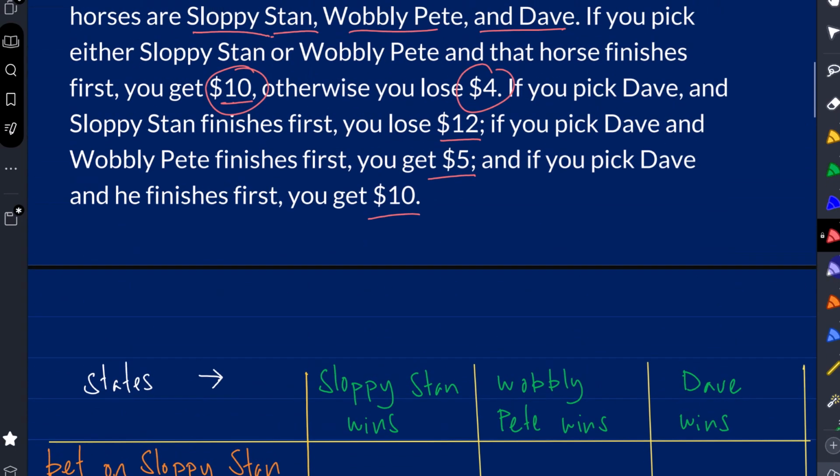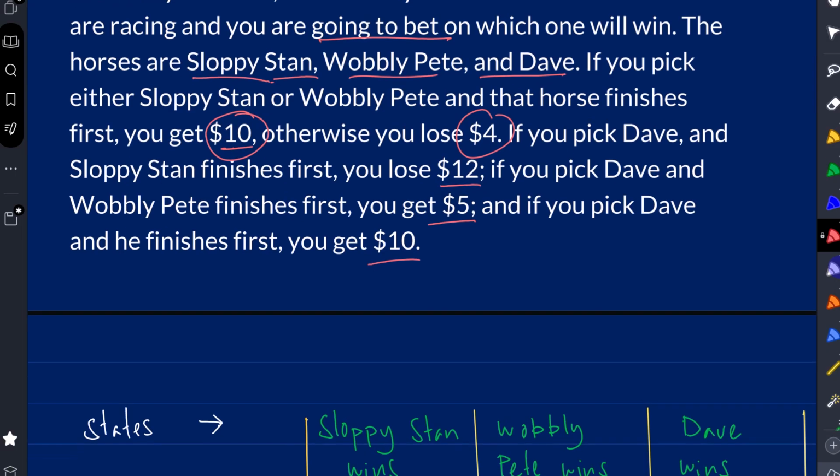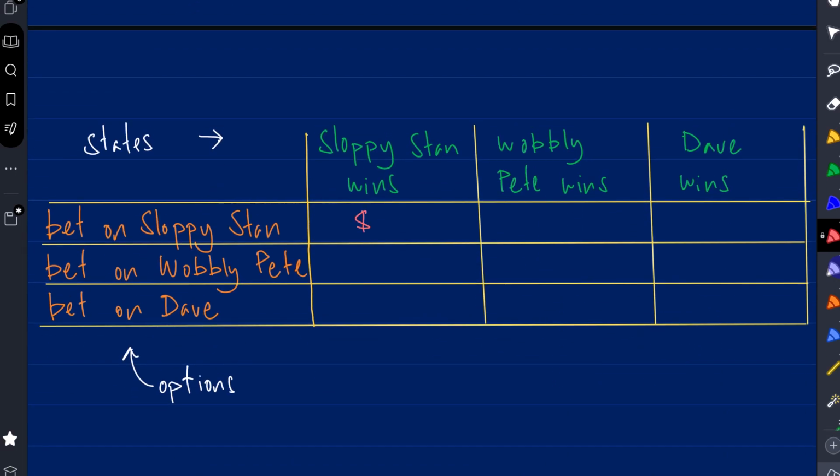And then let's see, what do we have? You pick either Sloppy Stan or Wobbly Pete, and that horse finishes first. You get $10. Otherwise, you lose 4. So we'll put 10 here, here.